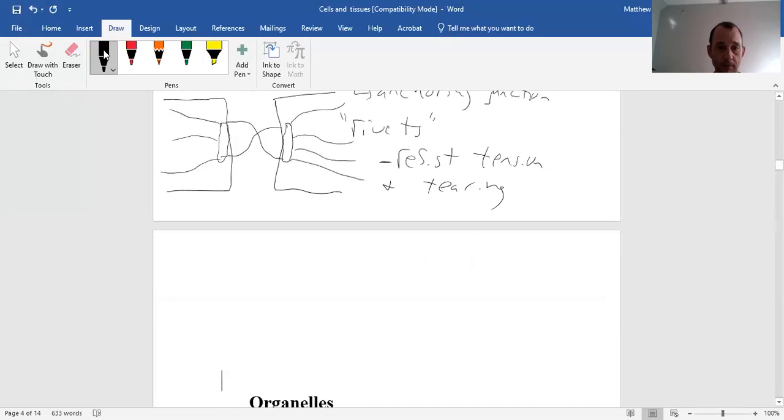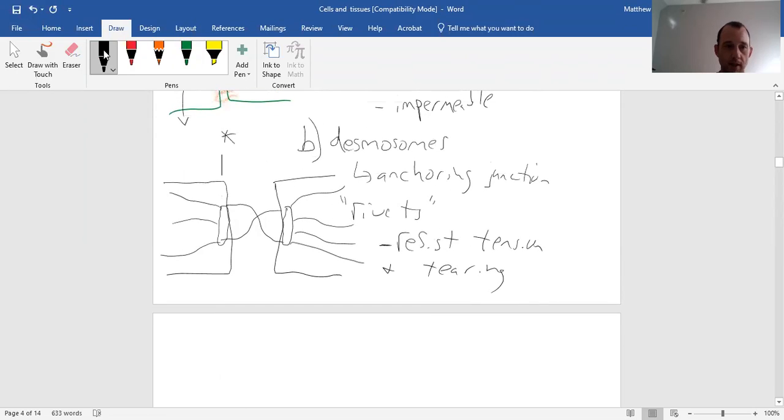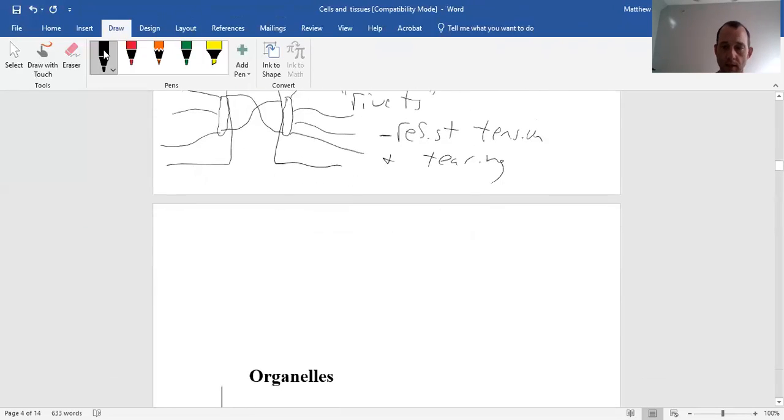The next type of cell junction, I got a C here. The next type is a gap junction. A gap junction is like a channel. Here's the difference. This is important.